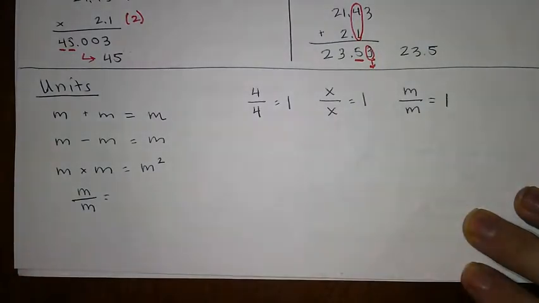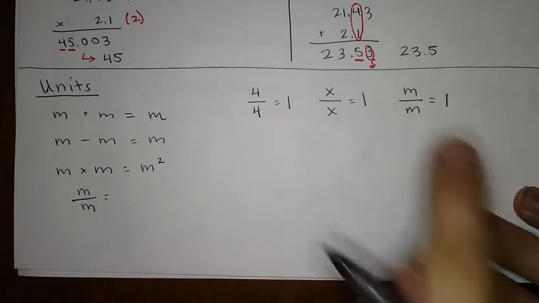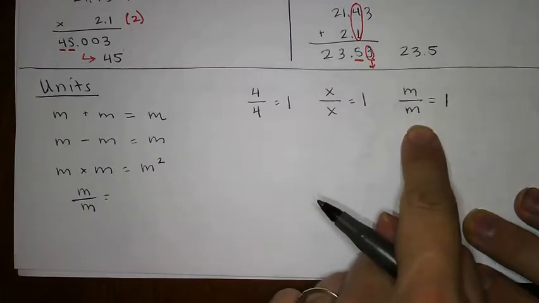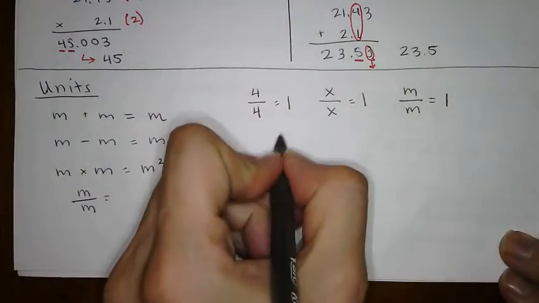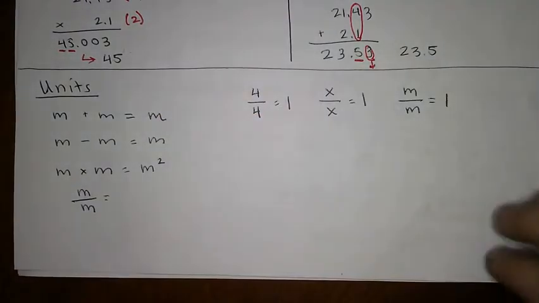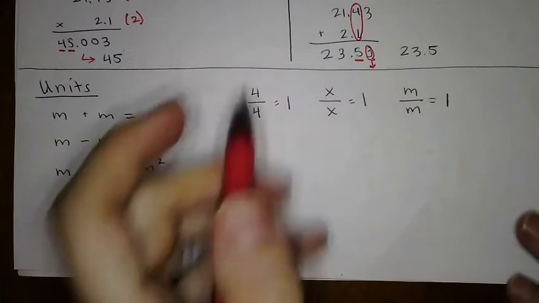This is a huge concept that is going to follow us through the rest of the year. And in fact, later this week, this is going to come back. A unit, in fact, I'm going to write it down in red. That's how important it is.